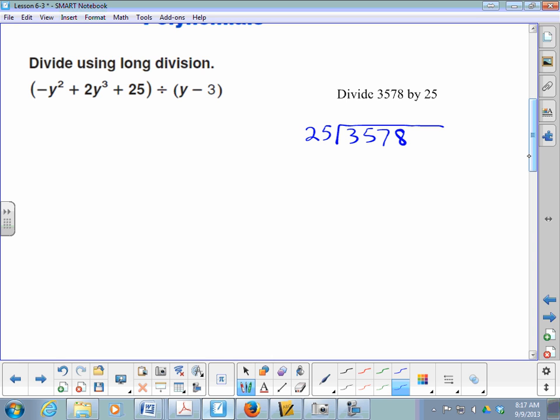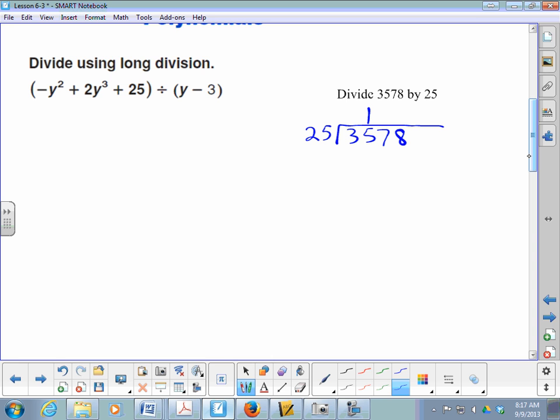So what do we do? Okay, 25. Well, first we look at the 3, though, right? Can 25 go into 3? No, of course. So we go to the 35. And how many times does 25 go into 35? Once. So we put a 1 over the 5 here, right? We don't put it way down to the end.